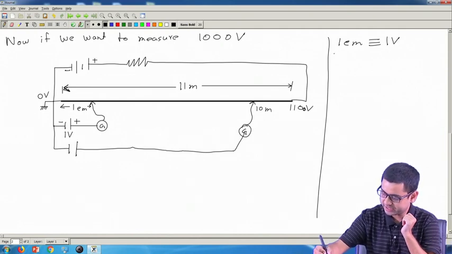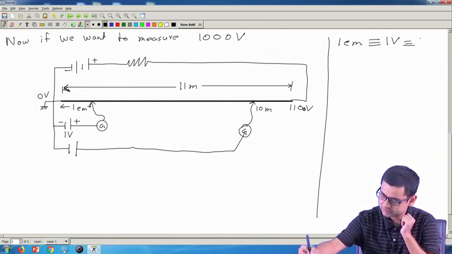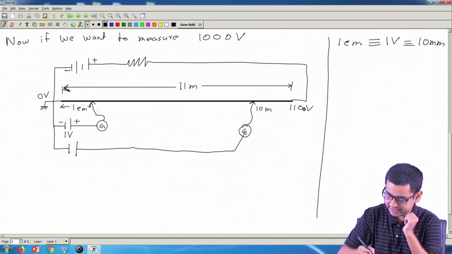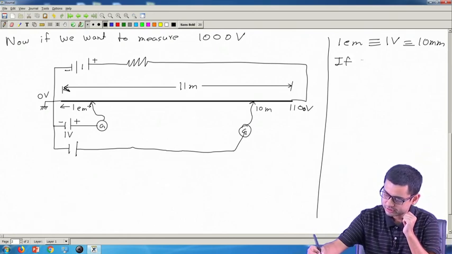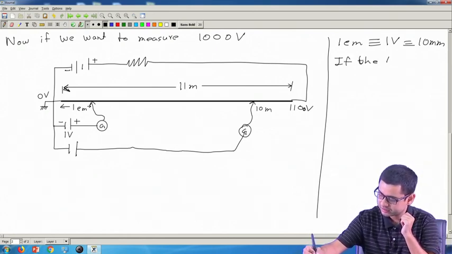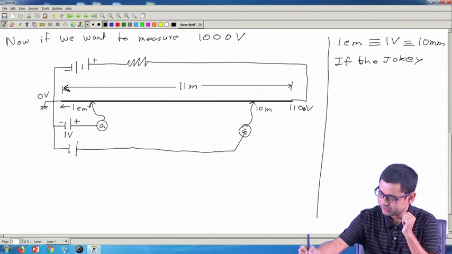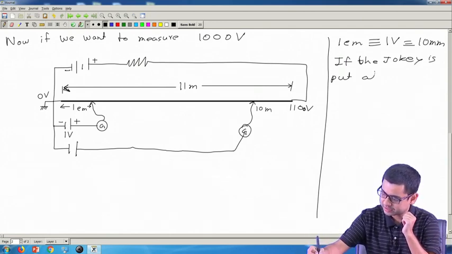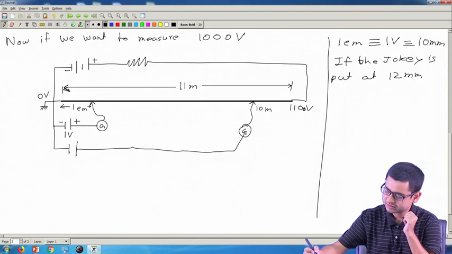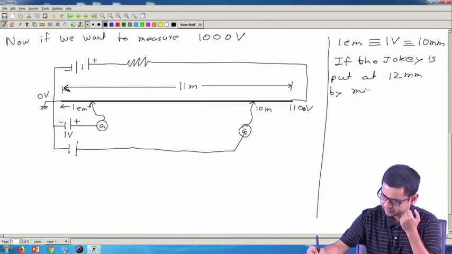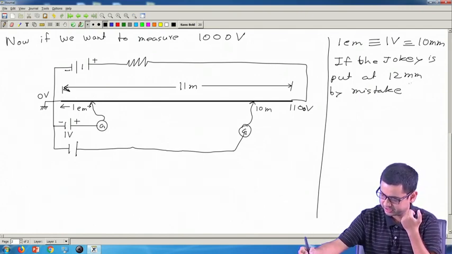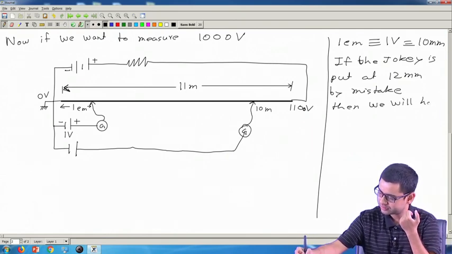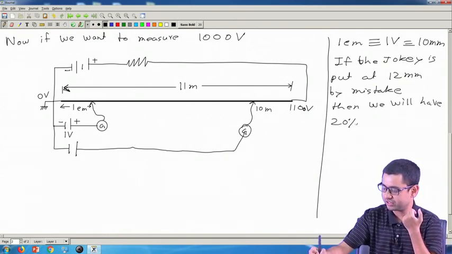Okay. So, now 1 centimeter will be equivalent to 1 volt. Now, 1 centimeter is 10 millimeter, and while setting the jockey, if we make say 2 millimeter mistake, if the jockey is put at say 12 millimeter by mistake, by manual error or due to the error in the scale, whatever the reason is, then we will have 20% error.